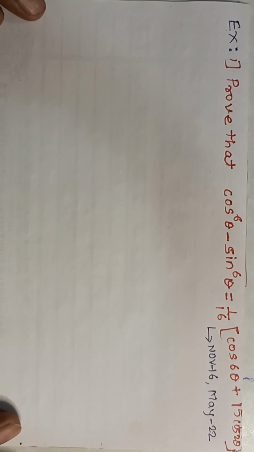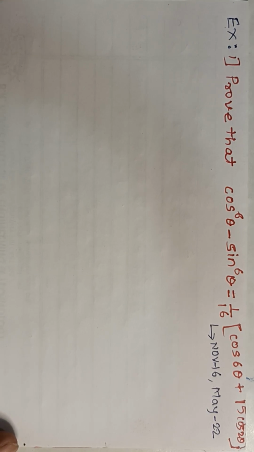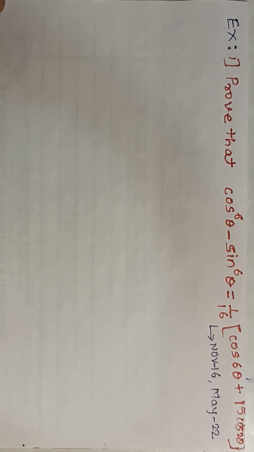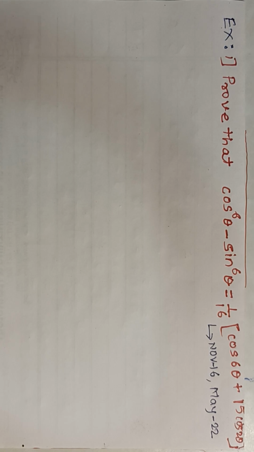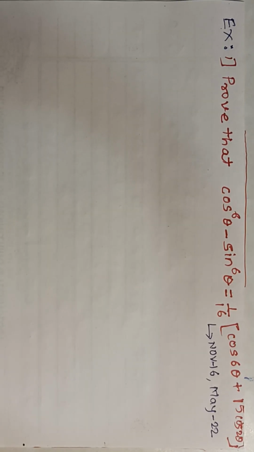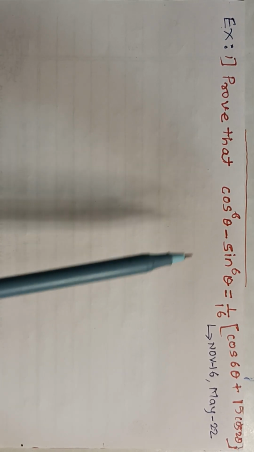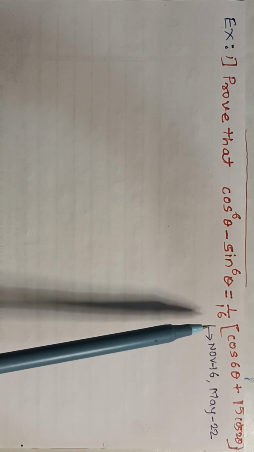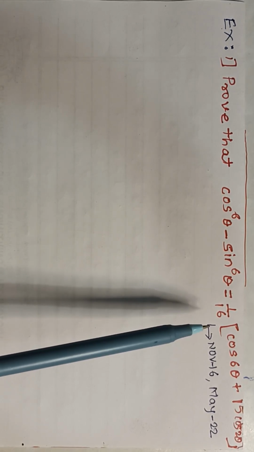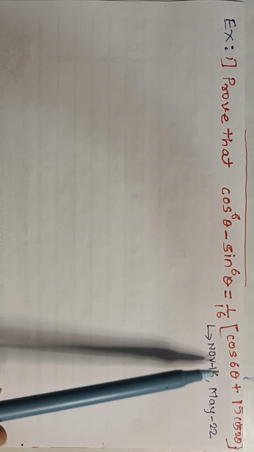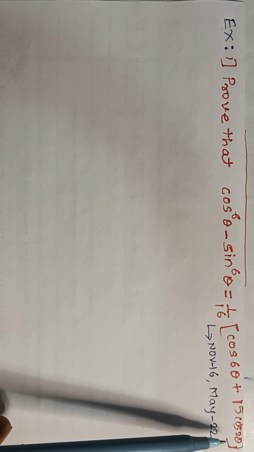This is the first sum which we are going to solve. Prove that sixth power of cos theta minus sixth power of sin theta is equal to 1 upon 16 times into bracket cos 6 theta plus 15 times cos 2 theta.